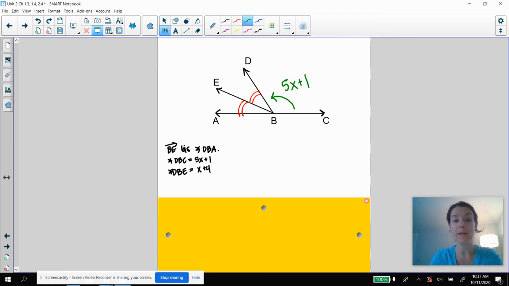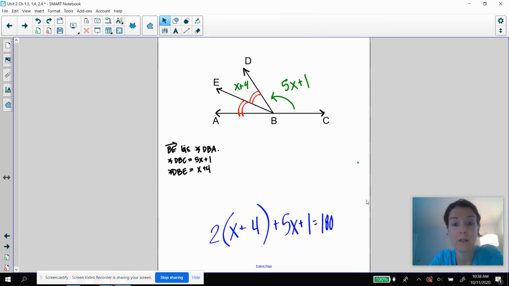But I know that angle DBE is x plus 4. So given this information, there are a few ways you could set up this problem. And here's what I did. I just said, well, I know if DBE is x plus 4, well, twice x plus 4 is going to give me both DBE and angle EBA, right? And then if I add 5x plus 1 to it, then I can just set it equal to 180. And then you can go ahead and solve.